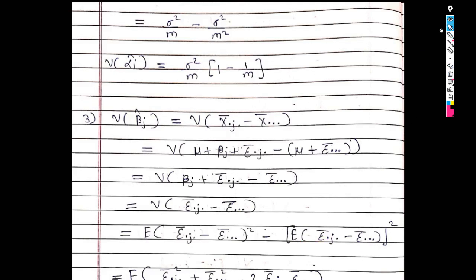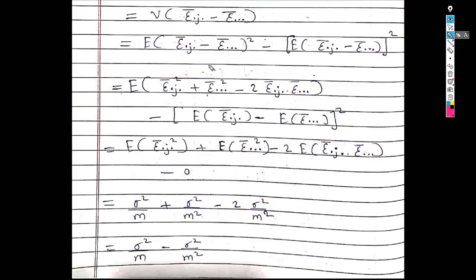Now in the first term, take the square of this first bracket. So we get expected value of epsilon dot j dot bar square plus epsilon dot dot dot bar square minus 2 times epsilon dot j dot bar into epsilon dot dot dot bar, minus this last term, which can be written as expected value of epsilon dot j dot bar minus expected value of epsilon dot dot dot bar, whole bracket square.